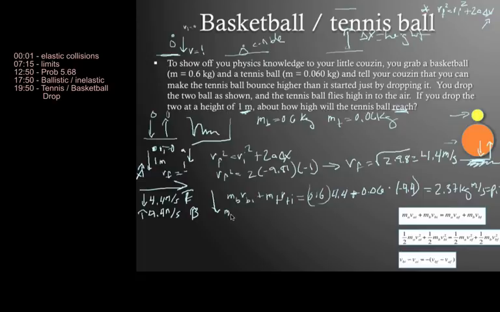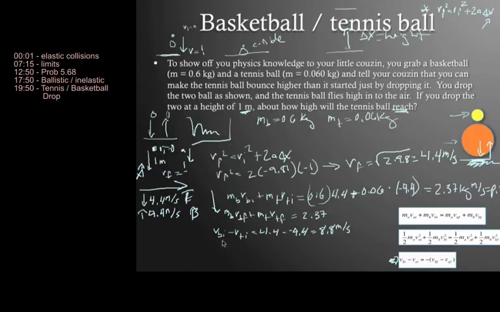And that's just mass of the basketball v basketball final plus mass of the tennis ball v tennis ball final. It has to be equal to this 2.37. Another thing that we know is this relative speeds are fixed. So initially, the relative speed is VB initial minus VT initial, and that's just going to be 4.4 minus a negative 4.4, and that gives us 8.8 meters per second is their relative velocity.